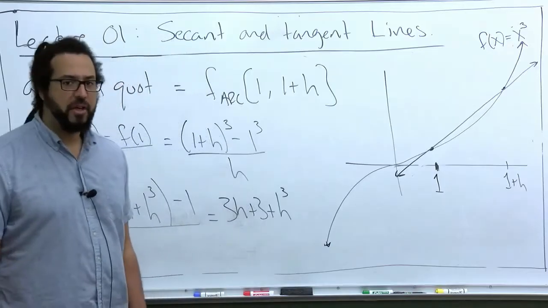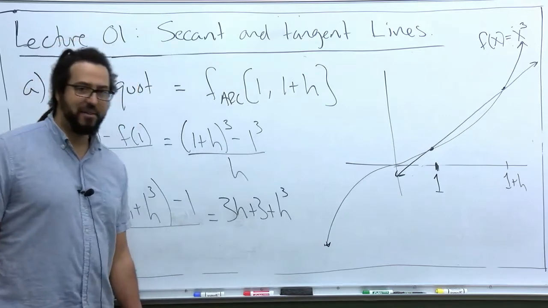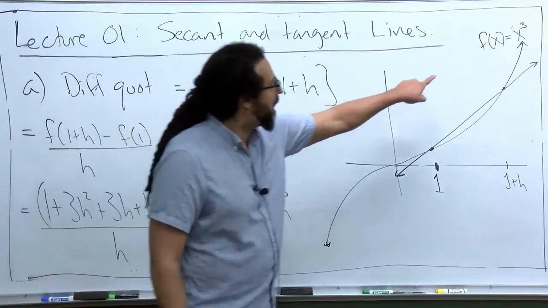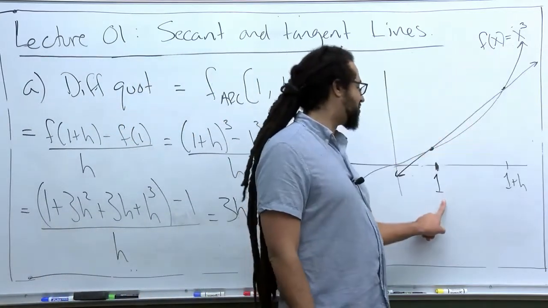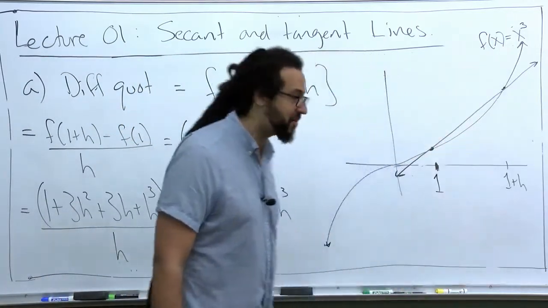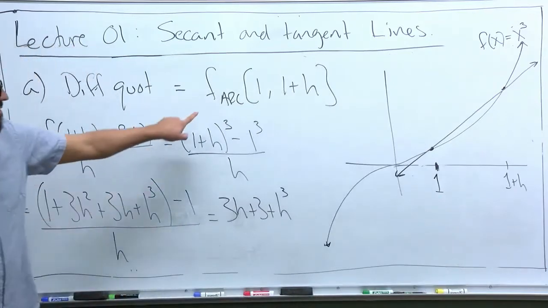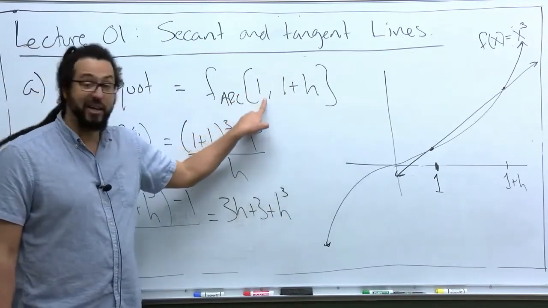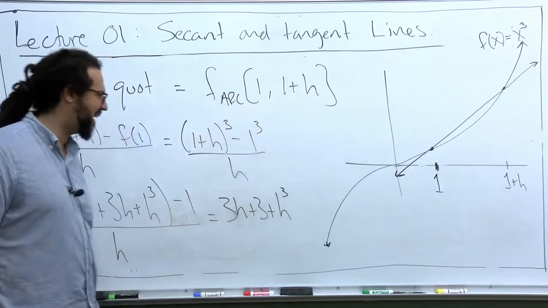Okay, so the first thing we want to do is find the difference quotient of the function x cubed on the interval from 1 to 1 plus h. Again, that's just the average rate of change of the function x cubed on the interval from 1 to 1 plus h.